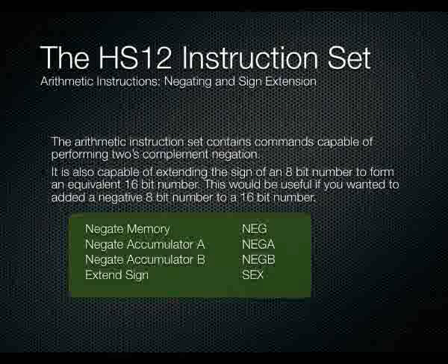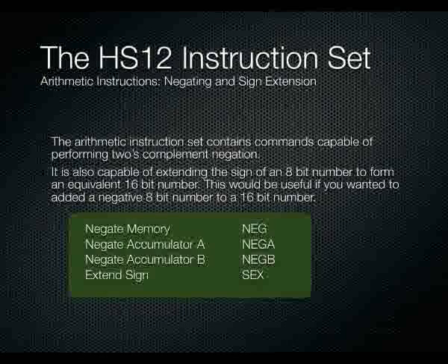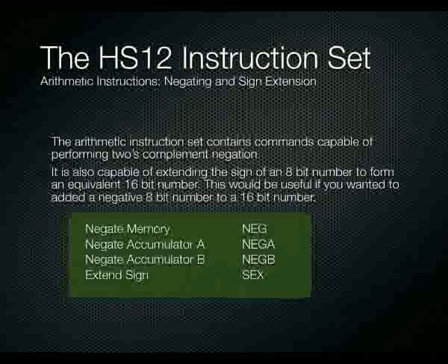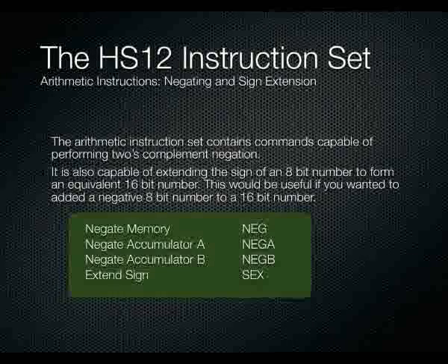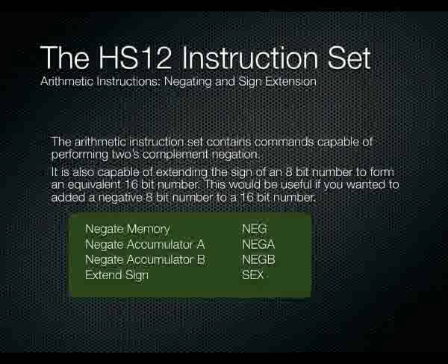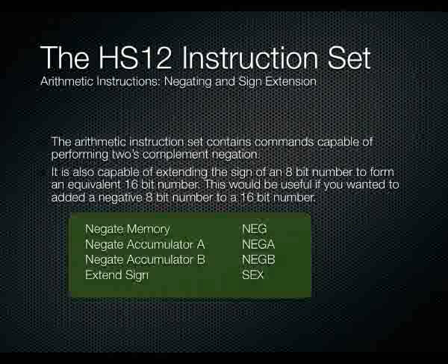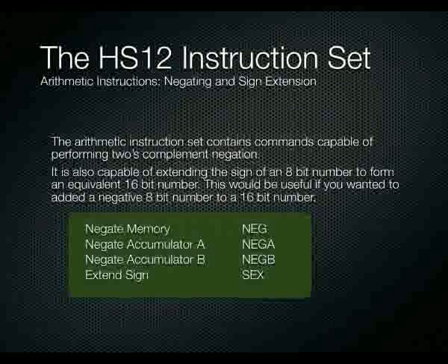So if you transfer it, then generally you'll run the sex command, which will do sign extension, which means it'll detect the MSB, the most significant bit, in bit location 7 of the lower byte, and then copy it up to the higher 8 bits.